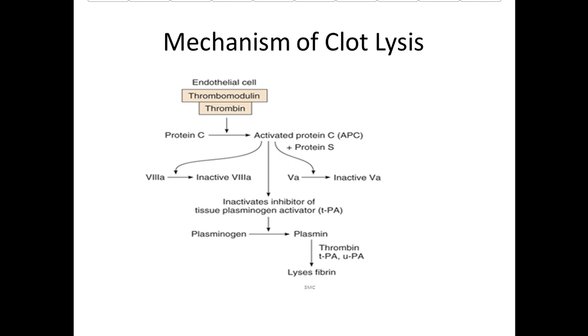So when the inhibitor of tissue plasminogen activator is inactivated, there is activation of tissue plasminogen activator, and this results in the conversion of plasminogen into plasmin, and the plasmin ultimately results in lysis of fibrin. This is the process of clot lysis. So the formation of a complex between thrombin and thrombomodulin results in the slowdown of the clotting process, and on the other hand there is clot lysis. So this is the mechanism of clot lysis.